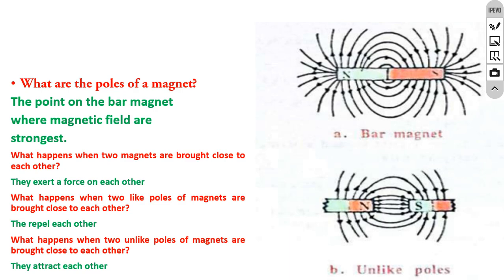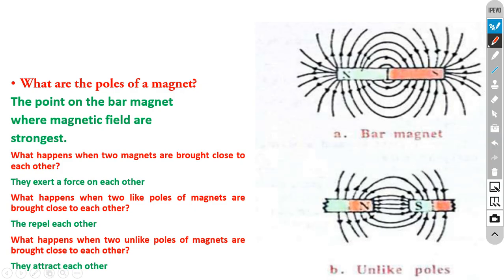Let's look at this figure here. So this is a bar magnet. I want you to look at this figure critically because you don't know where you would come across this. This bar magnet has a north pole here and a south pole. You can see the direction of the field.